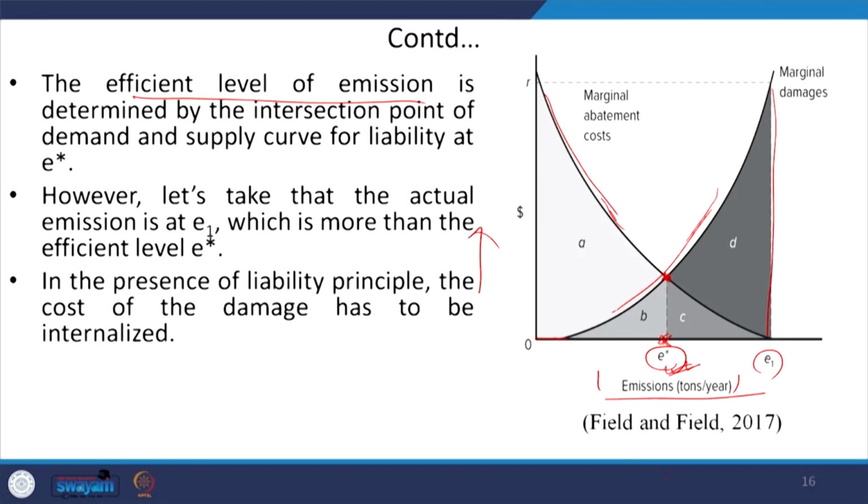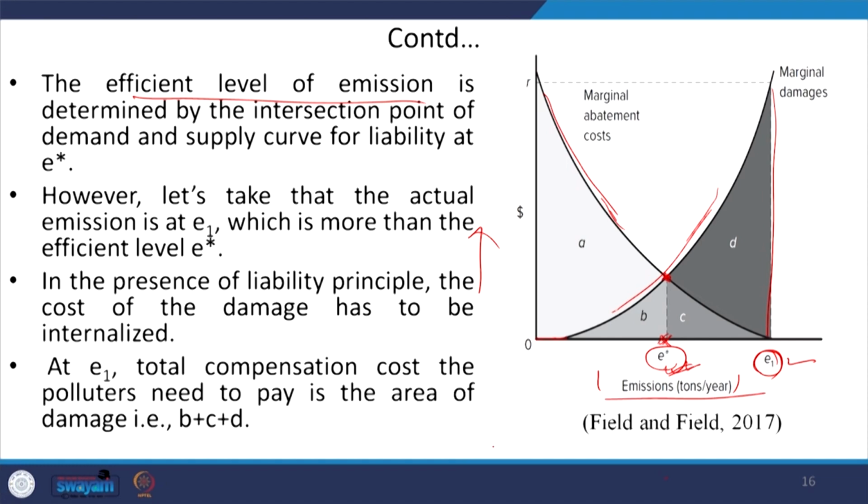Obviously, this E1 level of emission is much more than the efficient level of emissions, E star. This is where the liability rule is applicable. What is the principle of liability? If there is any kind of damage, it needs to be compensated. Following this principle, the damage created by production at E1 emissions has to be internalized.